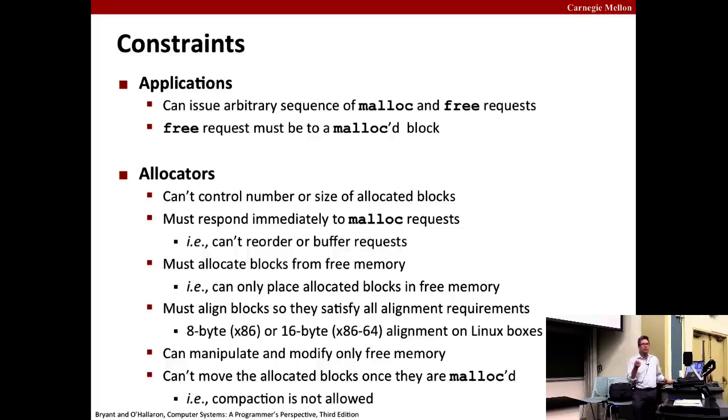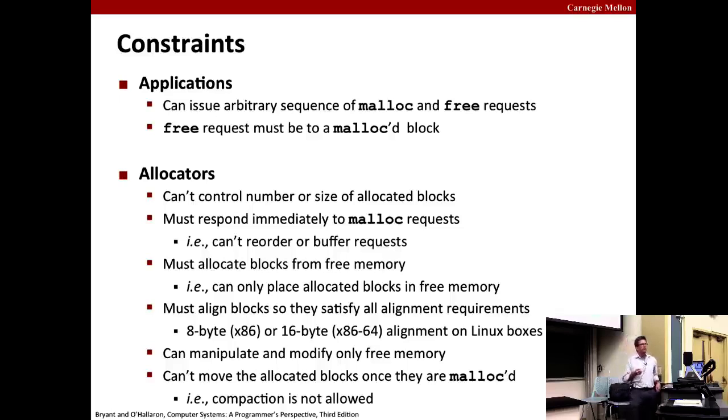Now this has a number of implications. This means that the allocator can't move blocks around. It can't compress blocks. An allocator might want to take allocated blocks and smush them all together to create larger free blocks, but it can't do that. In a language like C, once an allocator gives a block to an application, it can't touch it.